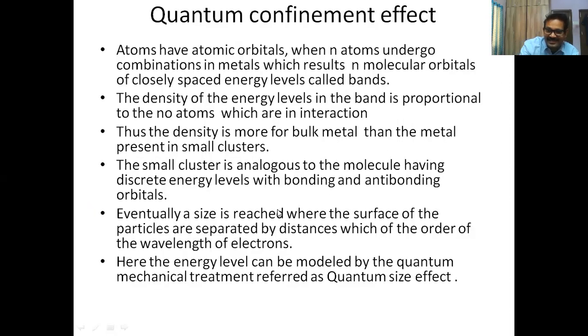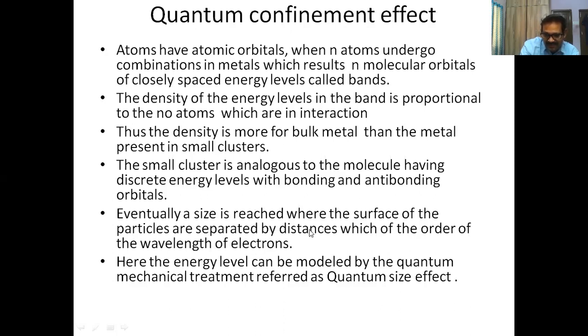So eventually a size is reached where the surfaces of the particles are separated by distances of the order of the wavelength of electrons. When the size is decreasing, the spacing of energy levels increases. At one particular stage, the distance between the energy levels and the wavelength of the electrons must be the same.